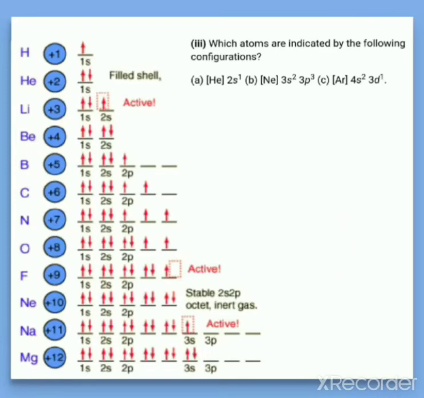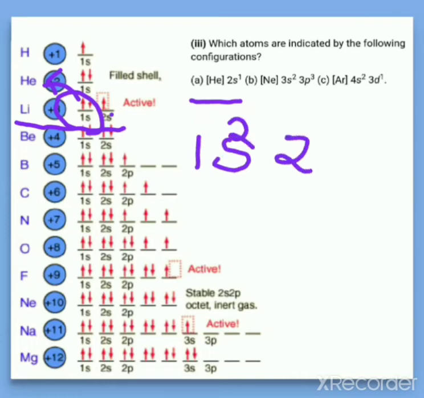So when you compare this with the chart here, it is given as He, that is helium, and 2s1. When you find out the configuration for lithium, this 1s2 represents the helium, and we have 2s1.